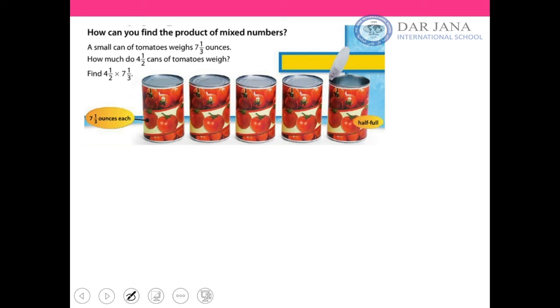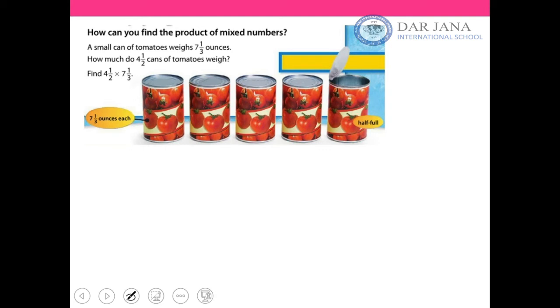How can you find the product of mixed numbers? A small can of tomatoes weighs 7 and 1 over 3 ounces each. Each one of these, 7 and 1 out of 3 ounces. How much do 4.5 cans of tomatoes weigh?